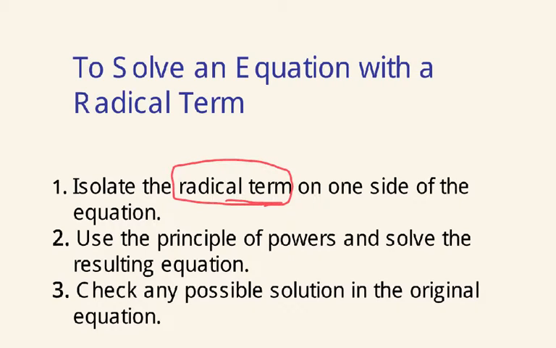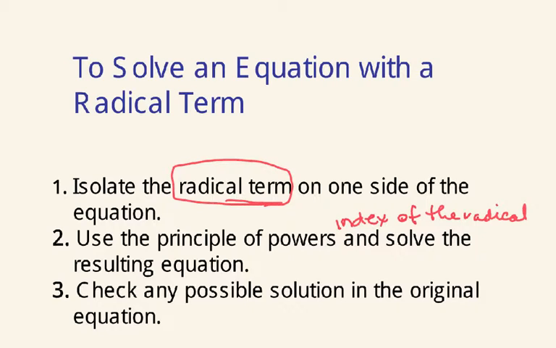And then you use the principle of powers. So basically you raise each side of the equation to the same power, and the power that you want to use is the index of the radical term, because that's the one that'll clear out the radical.